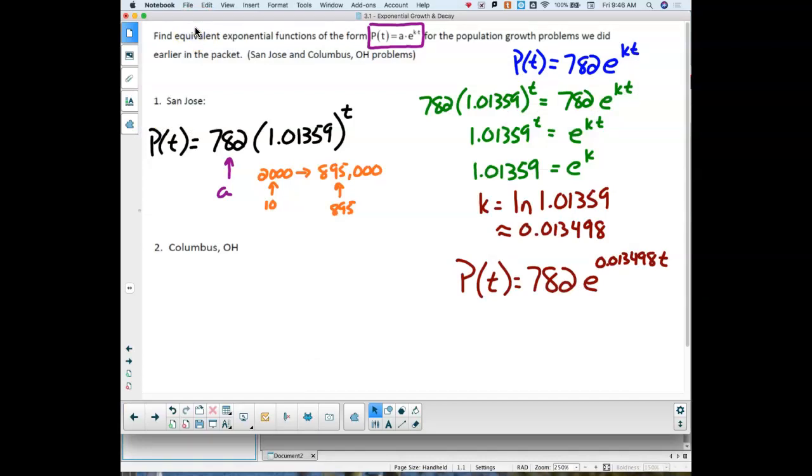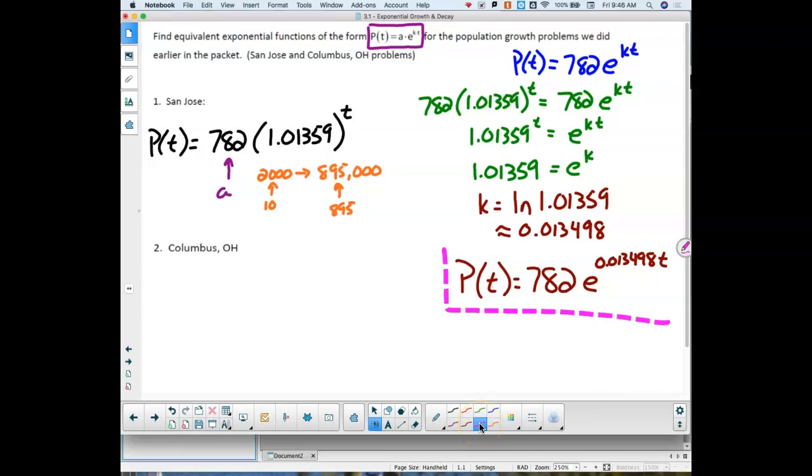Rounding. Where do we round? Where is it not exact? The 1.01359. That was rounded. Which then made that rounded at the end. But it was close enough where we could realistically say, yep, we found it. So this is the function here for San Jose.